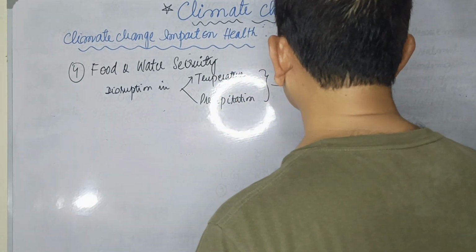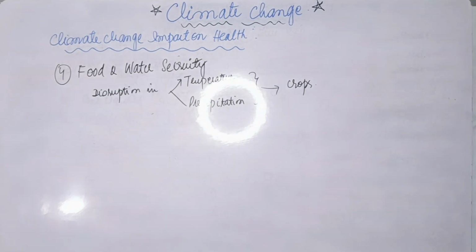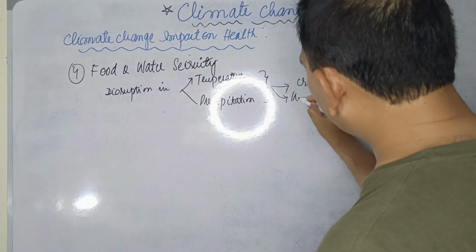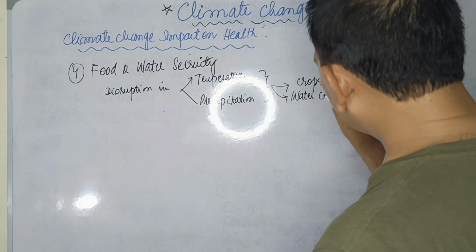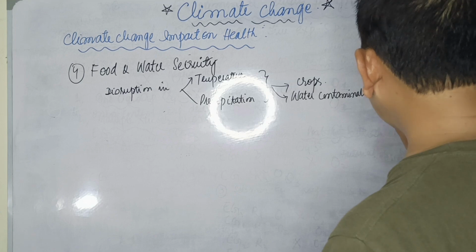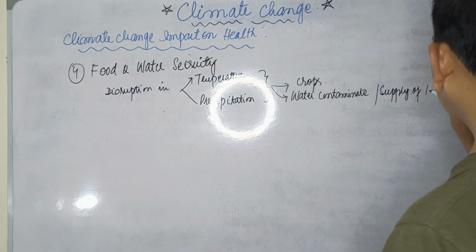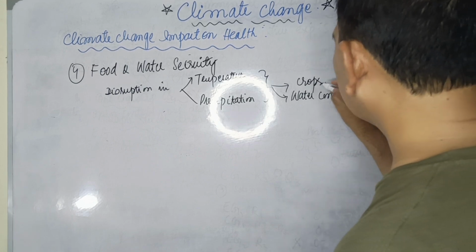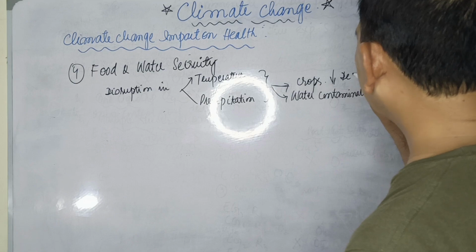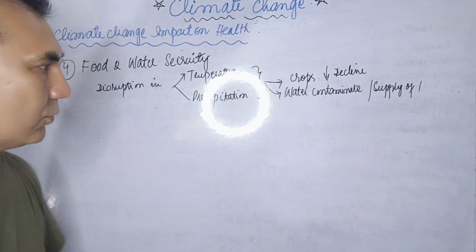It will affect the crops, and it will affect the water, contaminate the water, or maybe decrease the supply of water in some areas, in some regions. When the crops decrease or decline or are affected by climate change, what would happen?